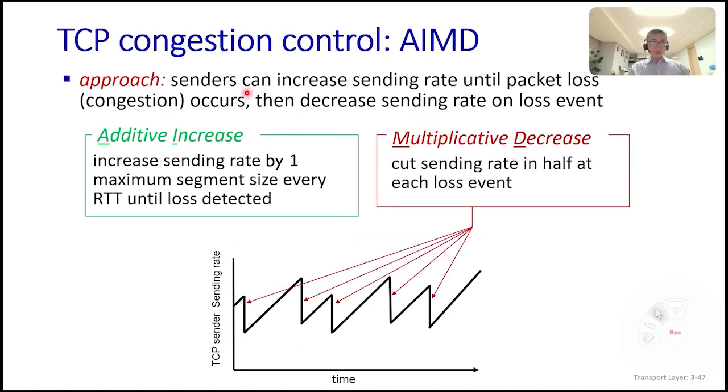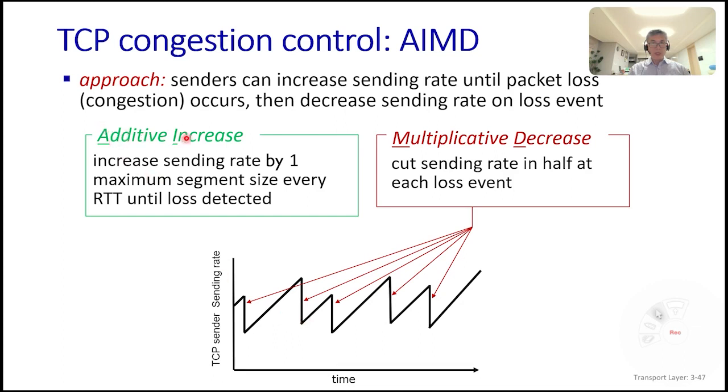The approach is that senders can increase the sending rate until packet loss, that is congestion, occurs, then decrease the sending rate on a loss event. So we have two parts: an additive increase, but in the dropping case multiplicative, because it is divided by 2, right? So multiplicative decrease.